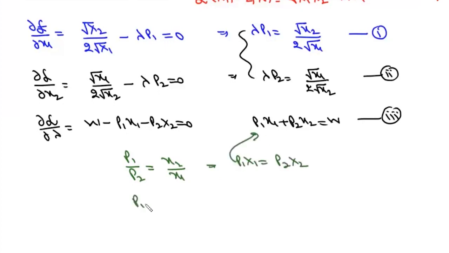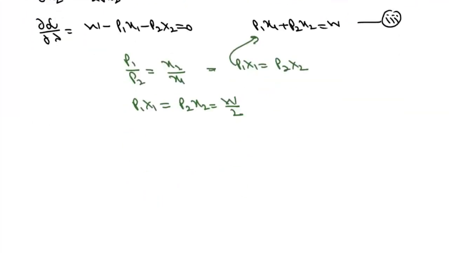So p1 x1 equals p2 x2, and it will be simply equal to w by 2. So from here we can write the utility maximizing quantities: x1 will be w upon 2p1 and x2 will be w upon 2p2.